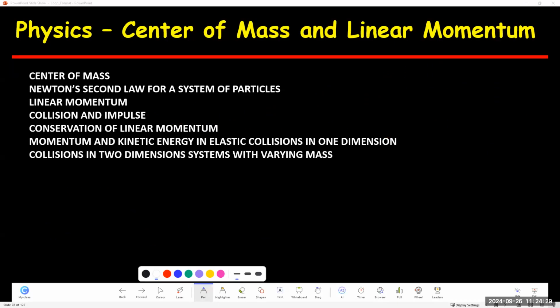Now we're going to talk about conservation of momentum. And what does the conservation of momentum mean? This is a topic we talk about, conservation of momentum.